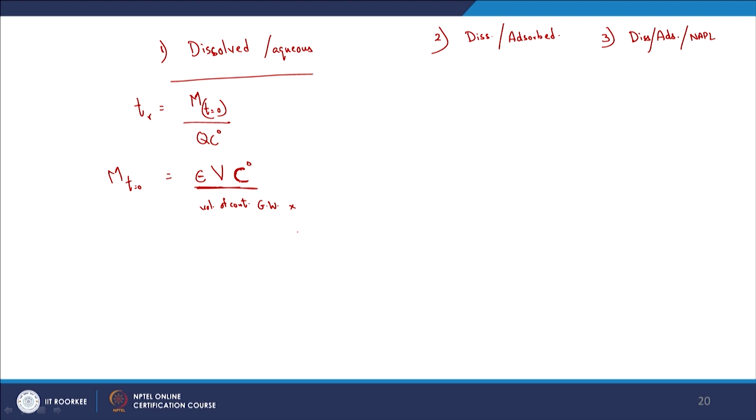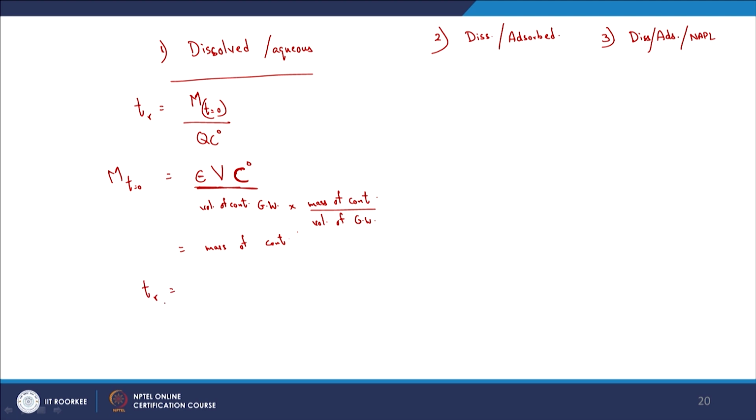That times the concentration would give me the mass of contaminant per volume of groundwater, right. So what will I end up with? I will end up with the mass of contaminant. So in this context, if I try to calculate the time for remediation, what will I end up with?